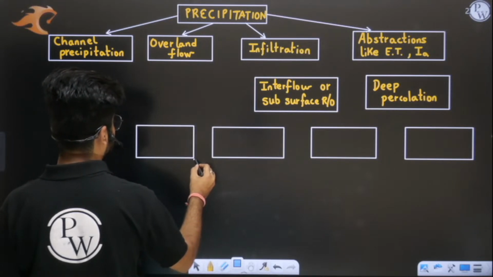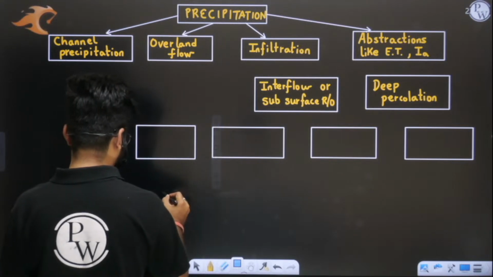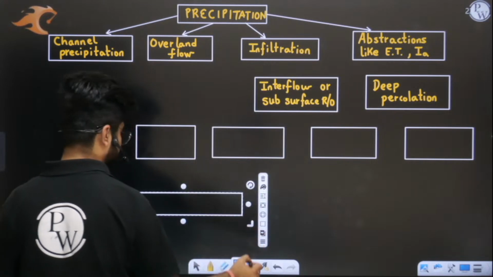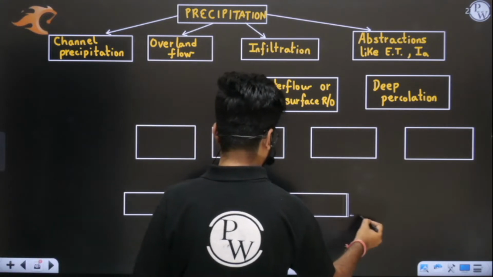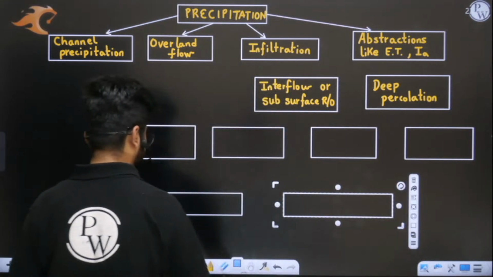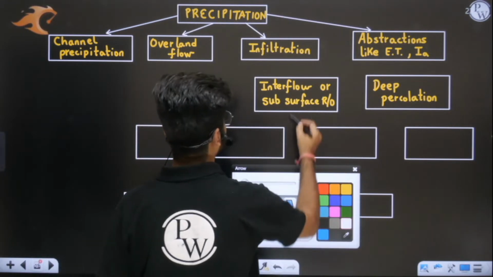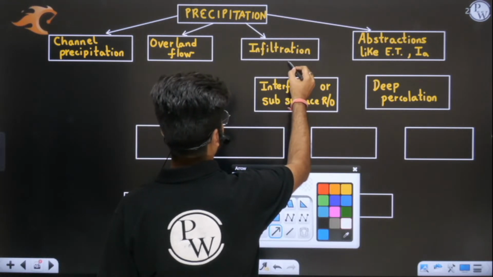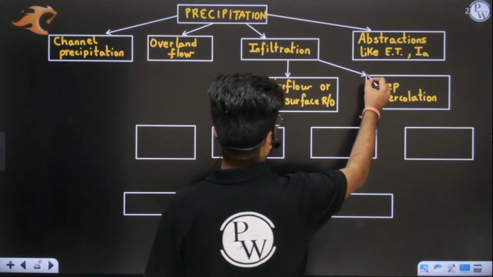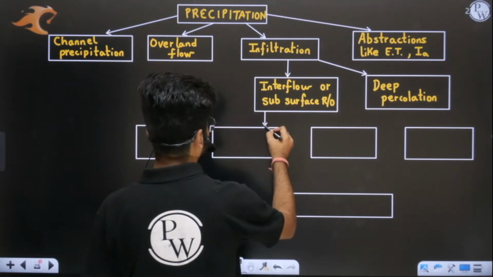Okay, so from this interflow, we have two connections.